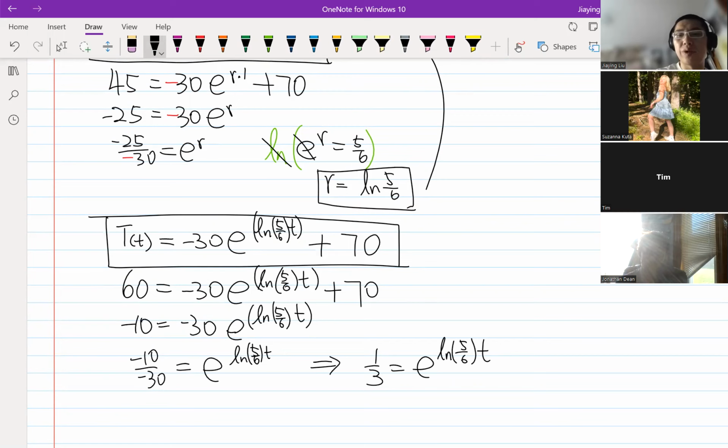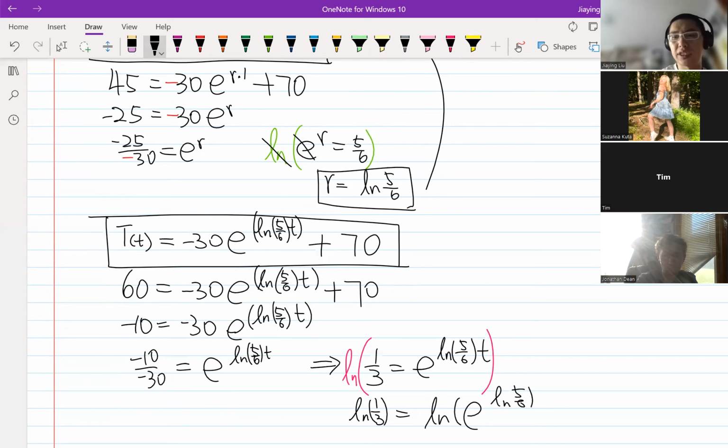If we want to get the t out of there, we have to add natural log on both sides again. On the left side, we get natural log 1/3. That's equal to the natural log of e raised to the natural log 5/6 t.